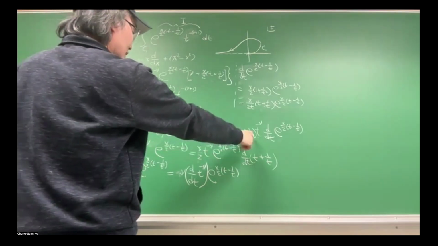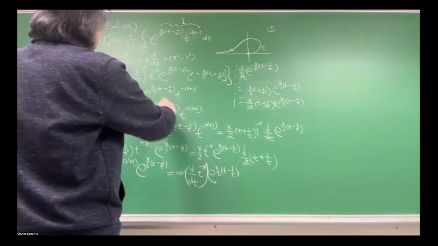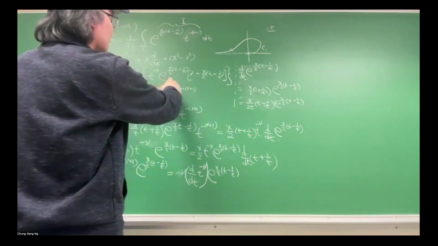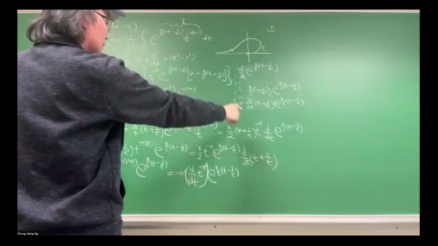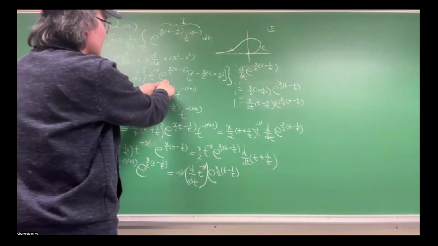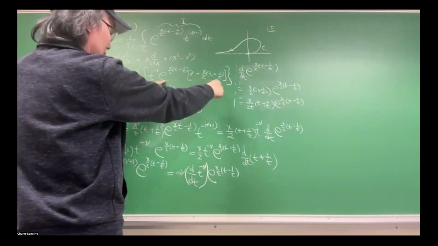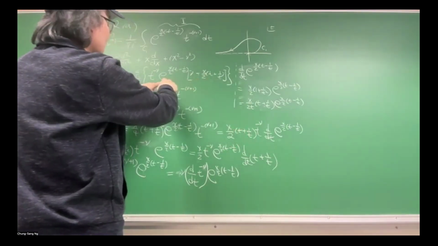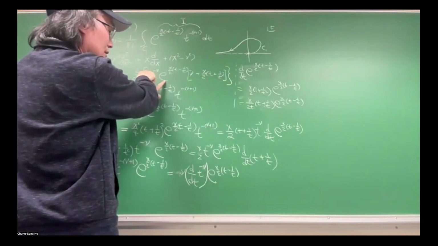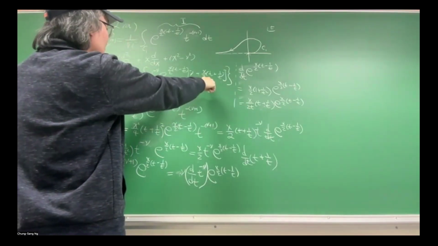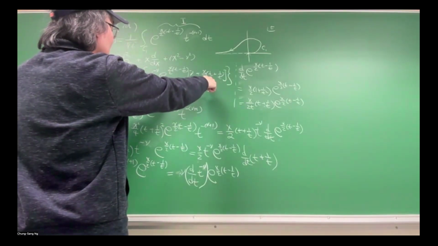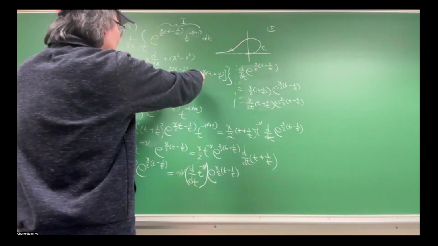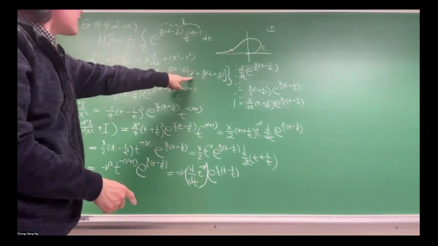Let's see what we have. So, this two-term is this thing. Let's take the derivative of this one and multiply by t to the minus nu and multiply by x. So we didn't have this one.